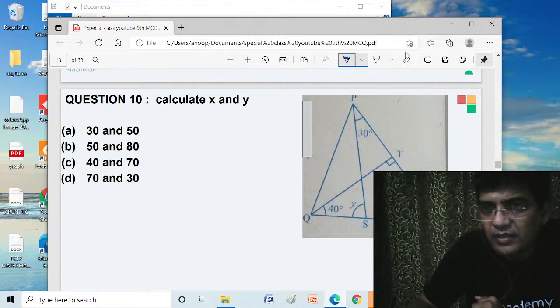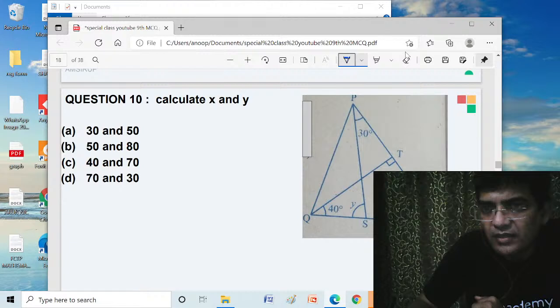So I can write 90 plus 40 plus x is equal to 180. So 130 plus x is equal to 180, so x is equal to 180 minus 130. So the value for x I have got is 50 degrees.